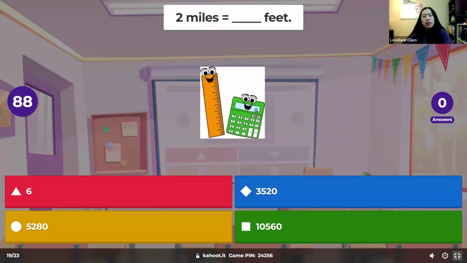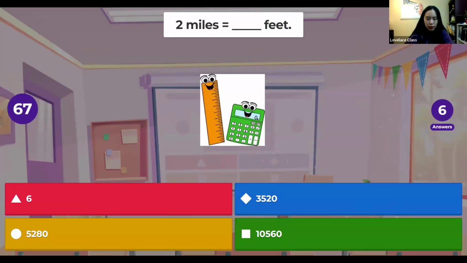Okay, so this one might be hard, but just know that 1 mile is 5,280 feet. I'll put that in here. So do the math.